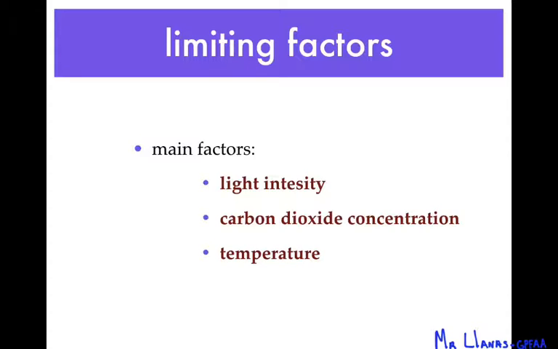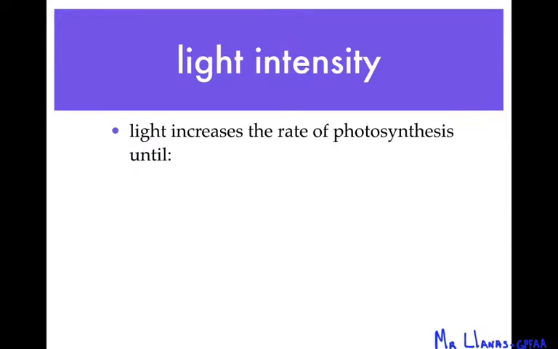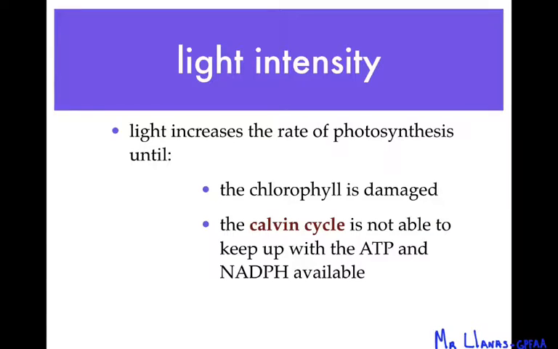All 3 things that we talked about were light intensity, carbon dioxide, and temperature. Light intensity: if it gets too hot or if there's too much light, then you can denature the chlorophyll, and if that happens, you're actually denaturing the chloroplast and nothing's going to happen.